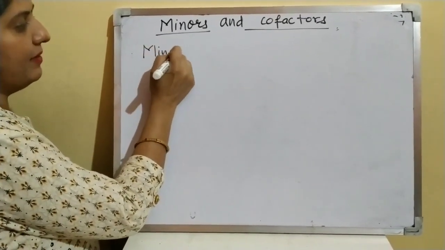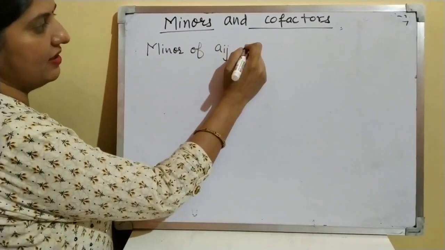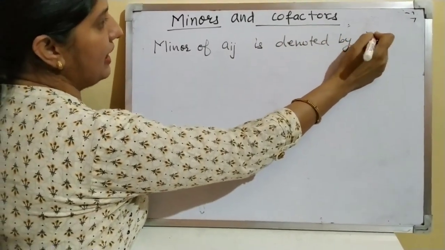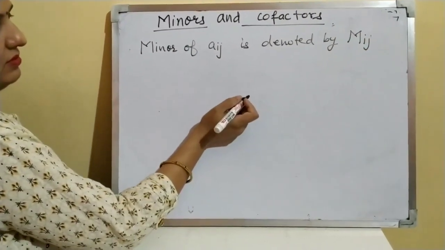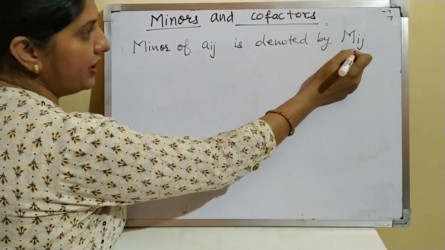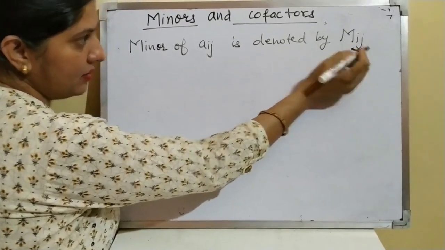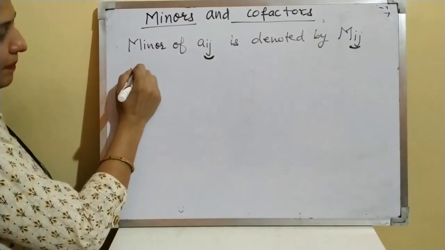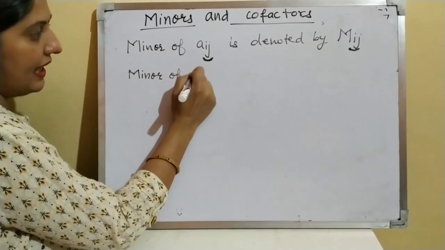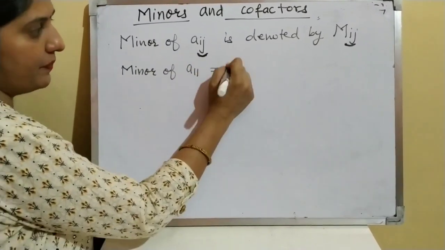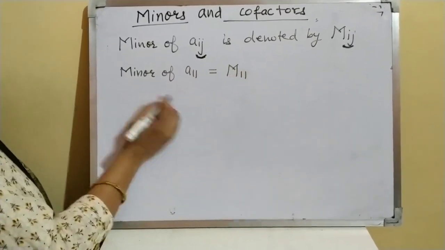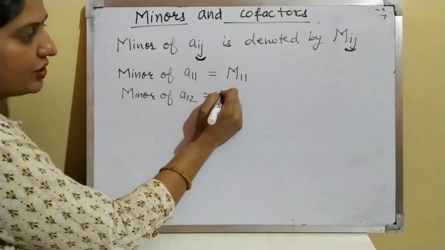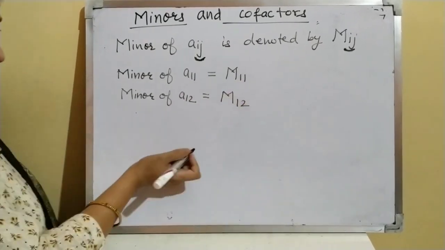The minor of an element Aij is denoted by capital Mij. Means we use the same subscript as the given element has. For example, the minor of A11 is M11. The minor of A12 is denoted by capital M12.